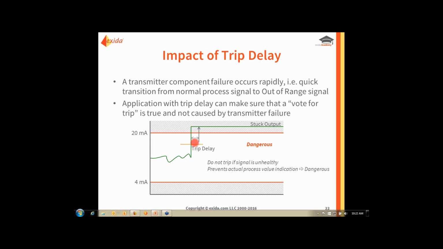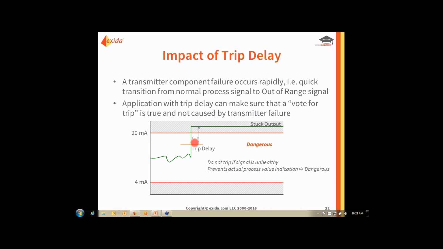The standard allows that we, instead of going to the safe state at a point like that, continue to operate as long as we fix the problem within the assumed repair time. Alternatively, we can say, hey, this is a vote for trip because the transmitter is unhealthy, but the standard allows us to continue to operate.